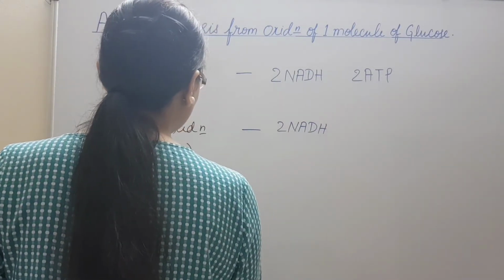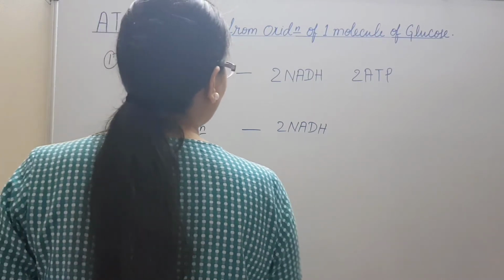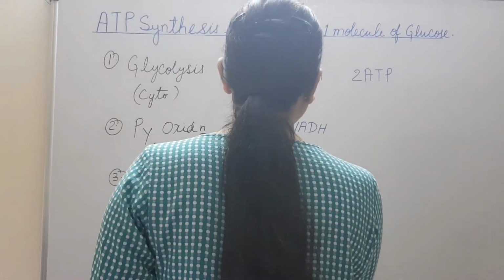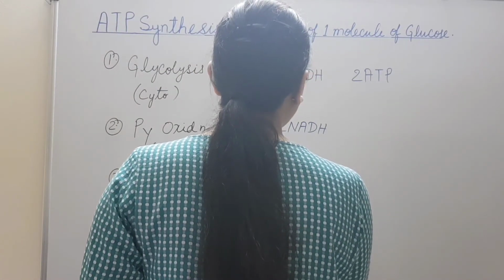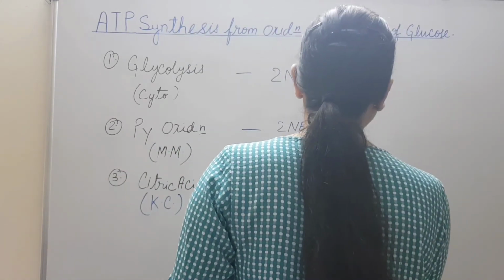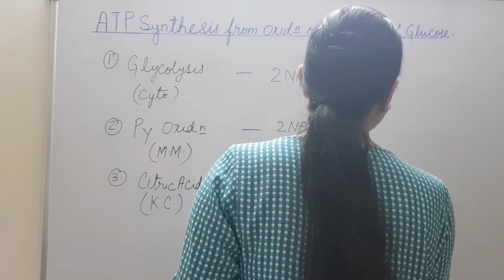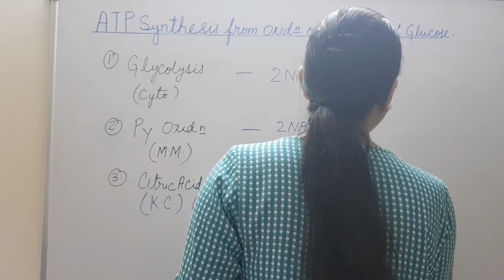This takes place in the mitochondrial matrix, and we get 6 NADH molecules, 2 FADH2 molecules and 2 ATP molecules.